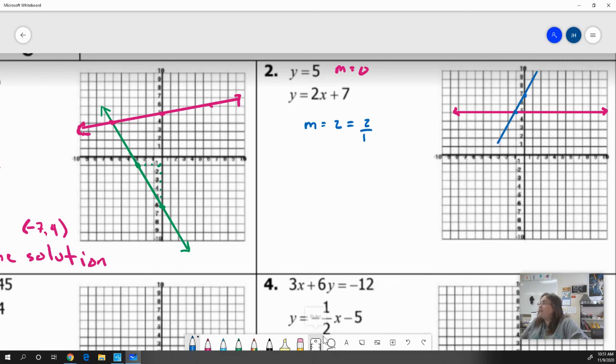So we have graphed both lines, and our solution is this intersection point. Where is that intersection? That intersection is at -1, 5. My x value is -1, my y value is 5. This is my solution. How many solutions do I have? It is a one solution problem.